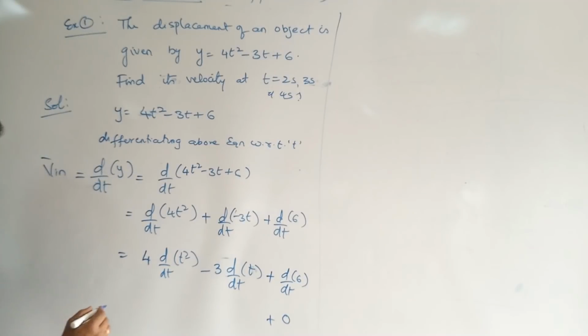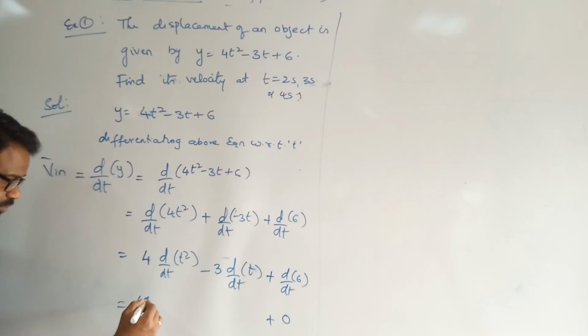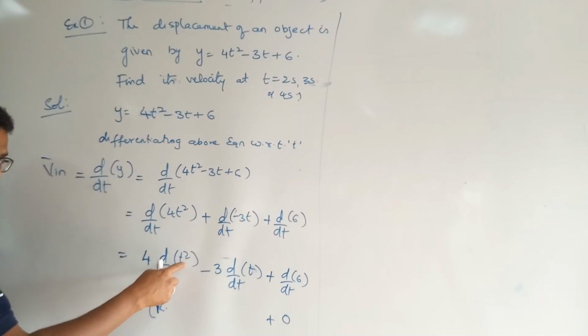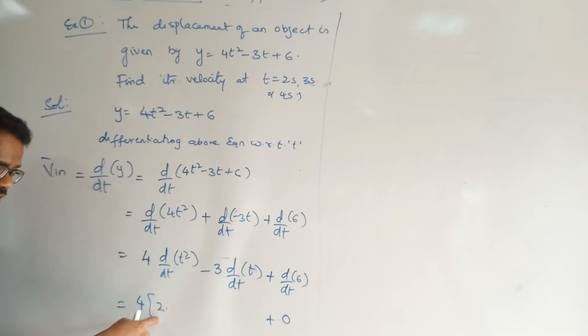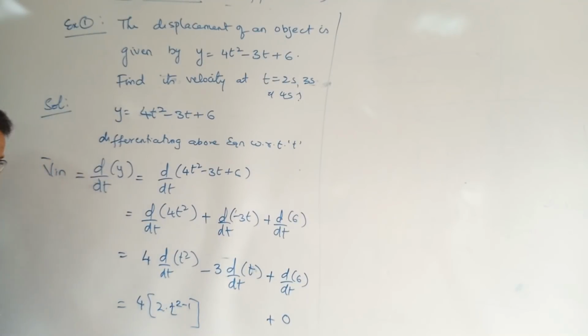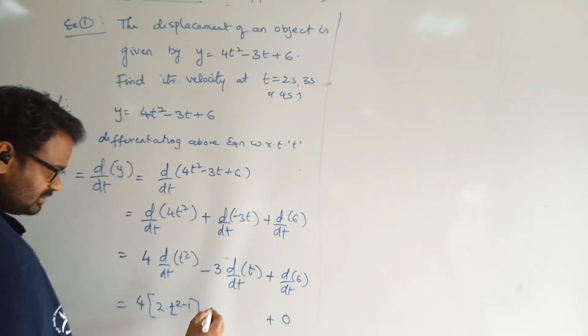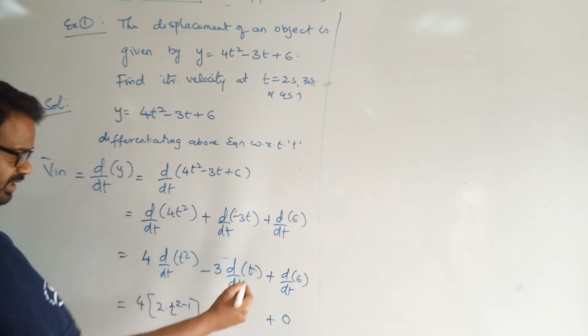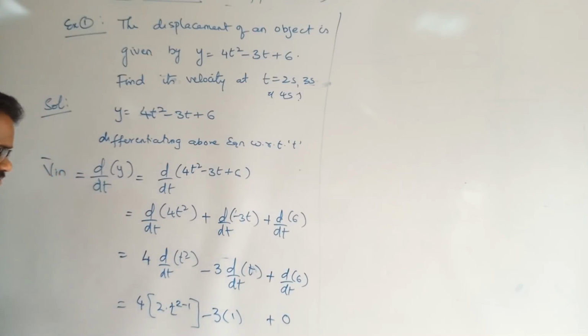You should know these formulas before going on. So 4 into, what term remains? 2 into t, where x is t. Can I write like this? Check your formulas. Right, you can write like this. Minus 3 stays as is. d/dt of t, can I put that as 1? Check your formulas and tell me. This is the entire part.